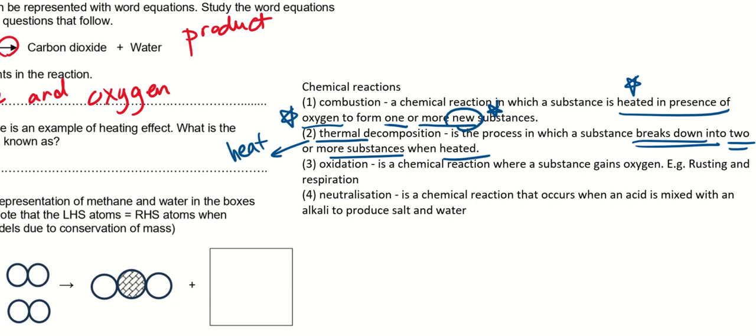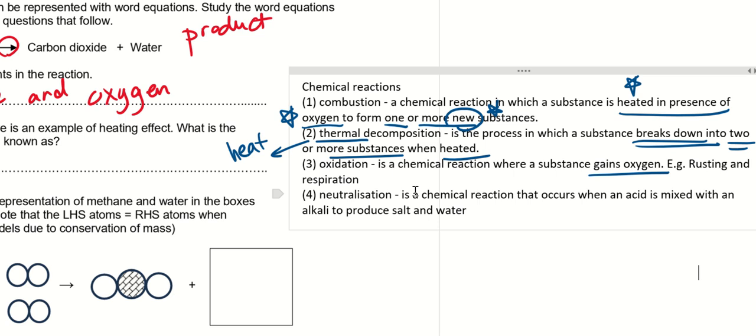Now, the third one is oxidation. It is a chemical reaction where a substance gains oxygen. So examples of oxidation will be rusting and respiration. Combustion and oxidation both involve oxygen, right? Gaining oxygen. So what is the difference? Later on I'll elaborate. I think I talked about this in class and I even posted the answer on Google Classroom.